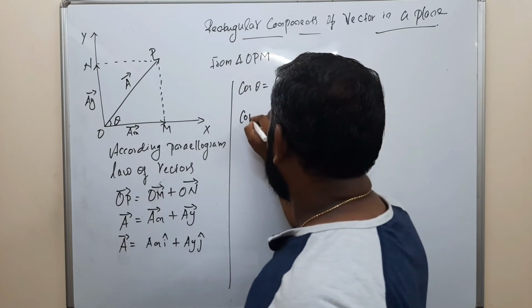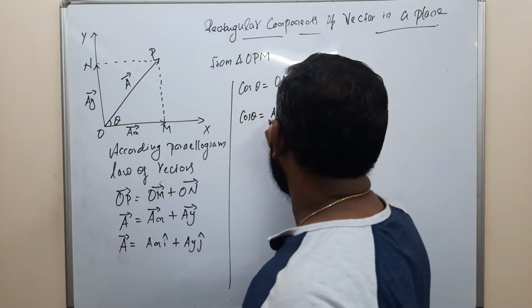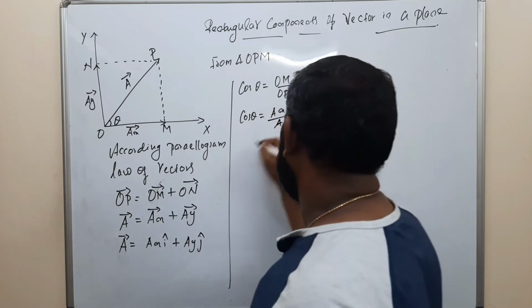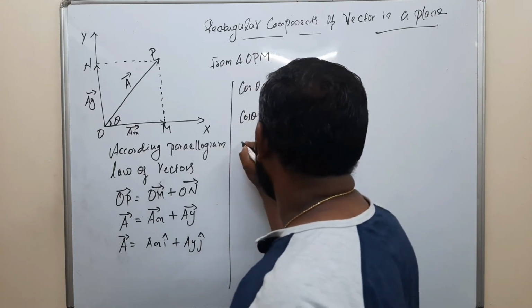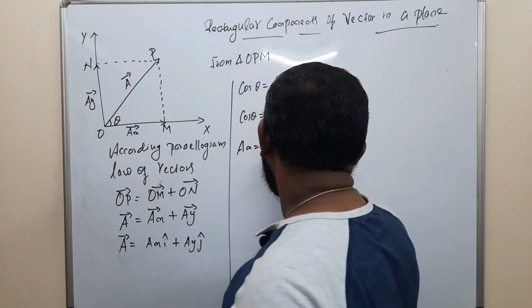So cos theta is equal to Ax divided by A. So from this, the horizontal component Ax is equal to A cos theta.